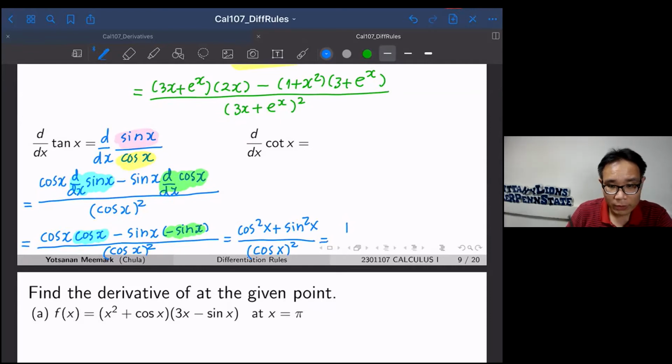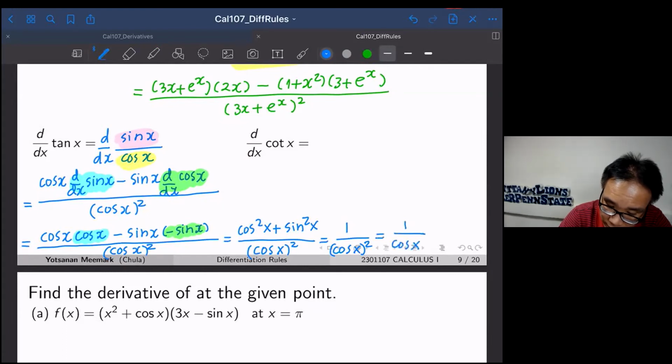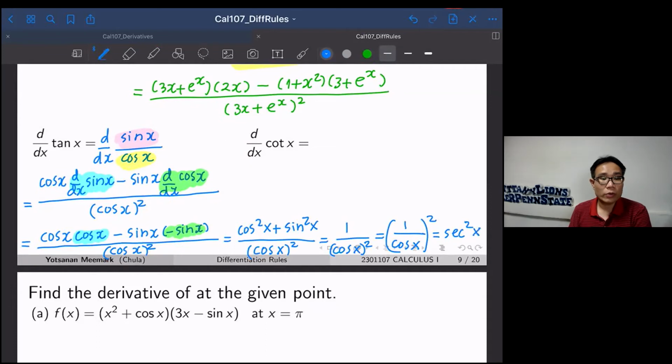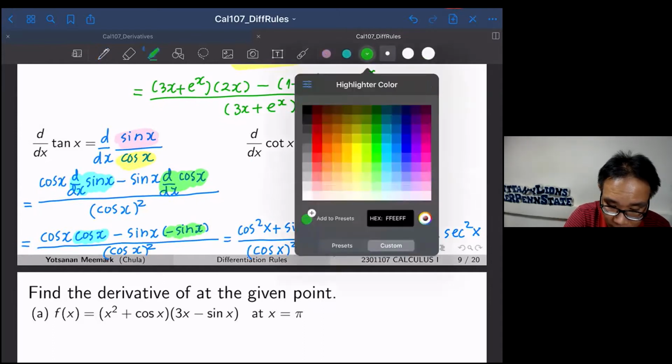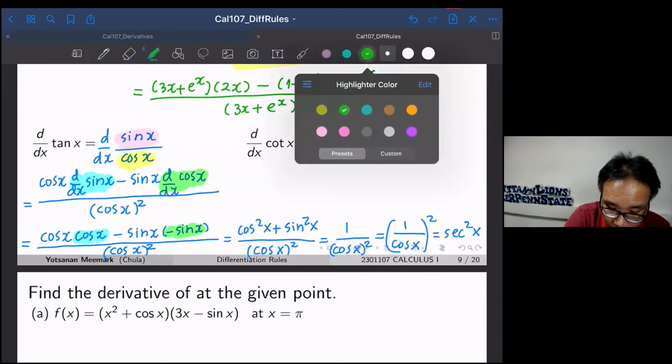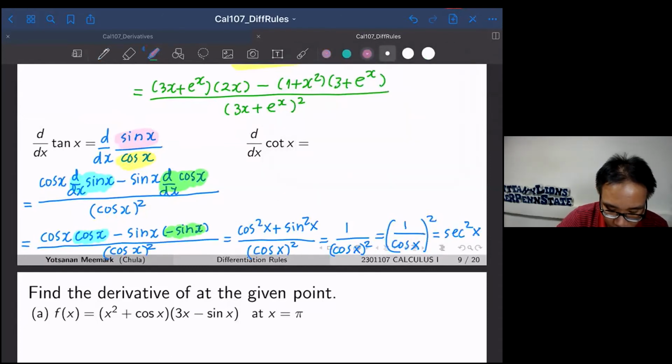So cos square plus sine square becomes 1, and you have over cos x square, and 1 over cos x square turns out to be, this guy will become the identity sec square. Okay, so you have diff tan equal to secant square. Okay, so this one we're going to memorize as diff tan equal to secant square.